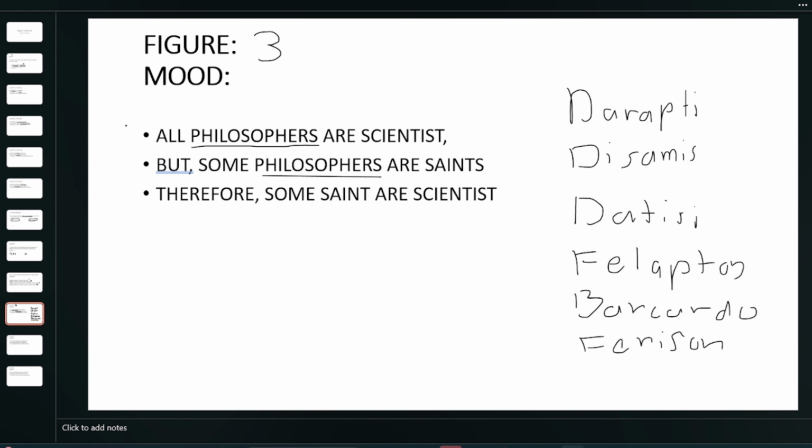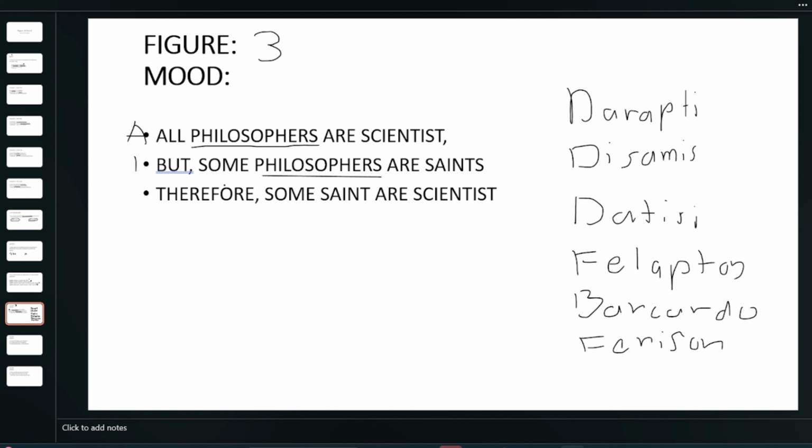Now, since we listed all of these moods together, you just have to identify the quantity and the proposition of the categorical syllogism. This is A, since it's universal.